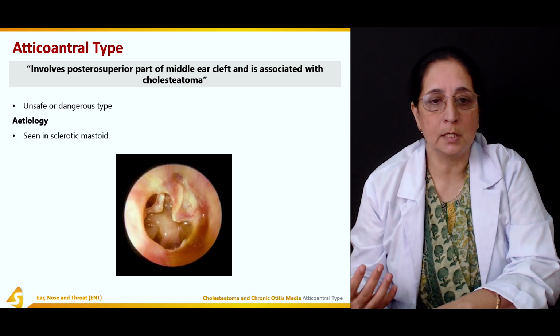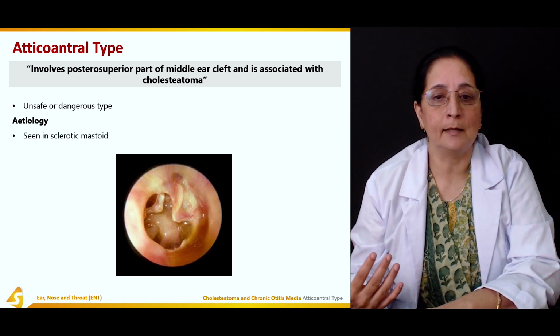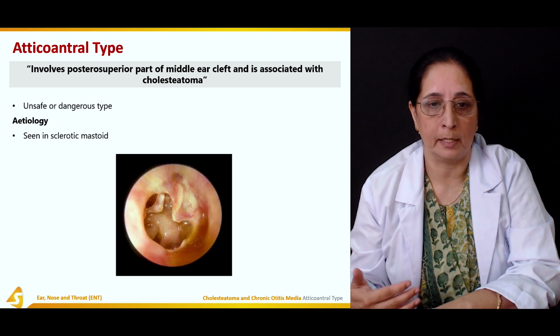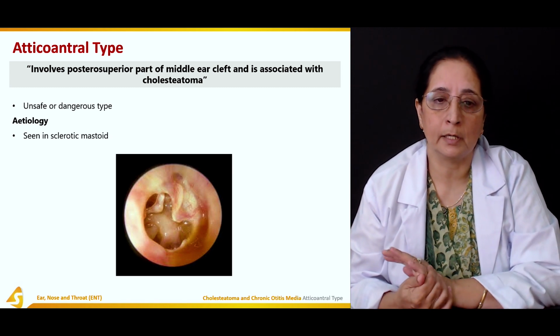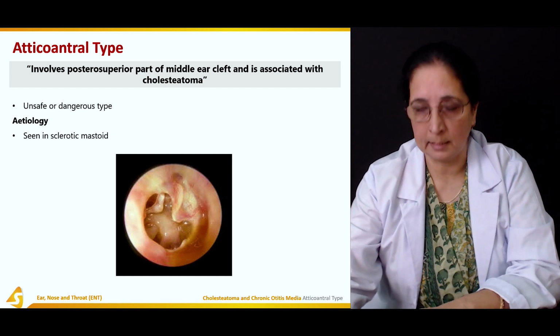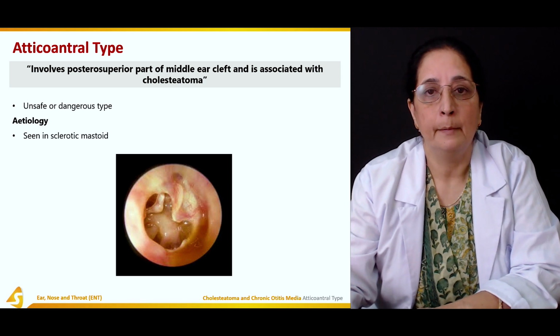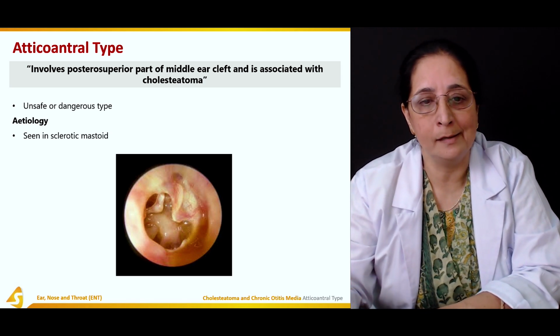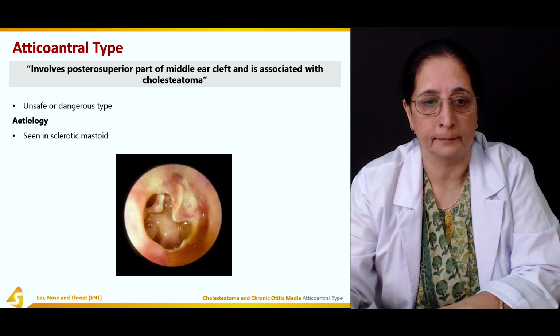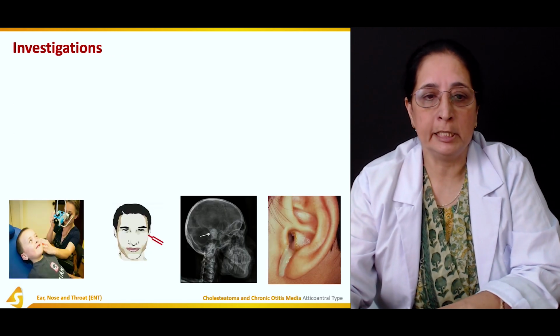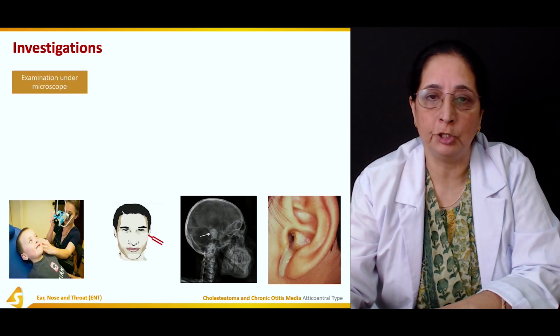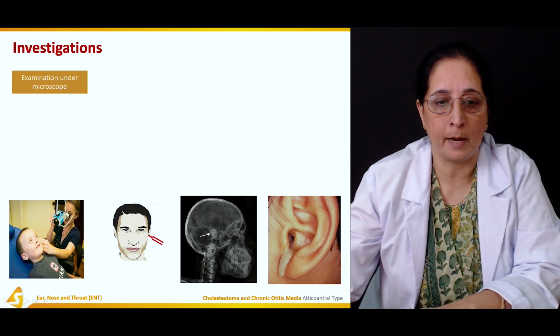Etiology or cause: it is seen in sclerotic mastoid. The cause is sclerosis of the mastoid, or the hardening of the mastoid. Investigations: examination of the ear under microscope.